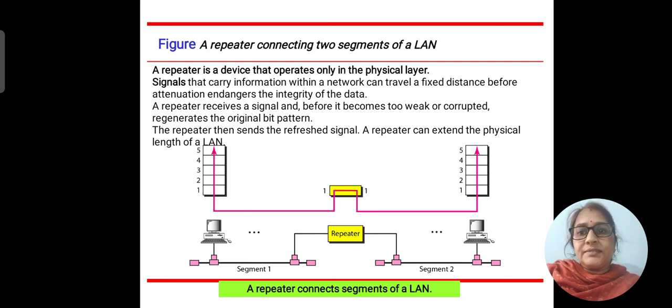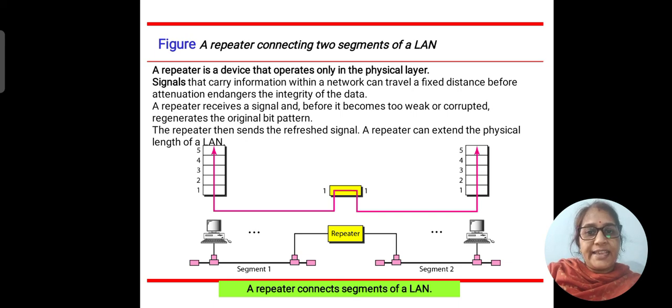Signals that carry information within a network can travel a fixed distance, and attenuation endangers the integrity of data. A repeater receives a signal and, before it becomes too weak or corrupt, regenerates the original pattern. The repeater then sends the refreshed signal.